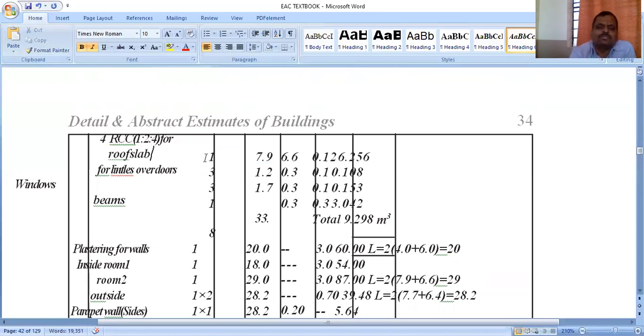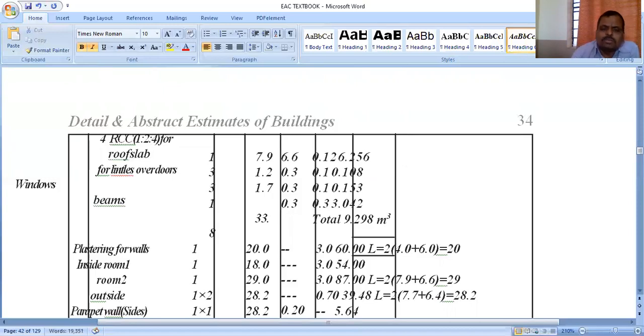So the roof slab, first, it is very simple. If you just go through the plan, the total length, I will write here. See, it is very simple. First of all, we will consider the length.